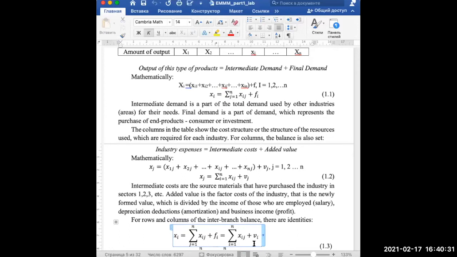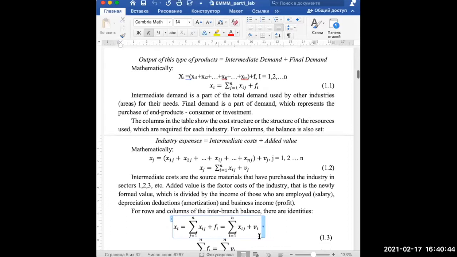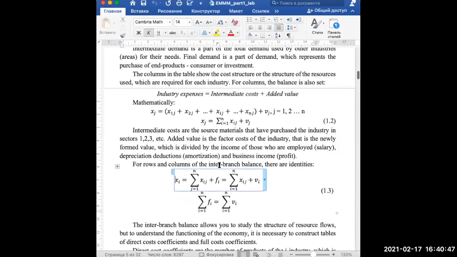Must be equal to outputs from the cost point of view. Sum of our deliveries, because all deliveries we must pay, plus added value. So it means, if we compare these two parts of the equation, the sum of final demand must be equal to the sum of added value. And this is called the interbranch balance.